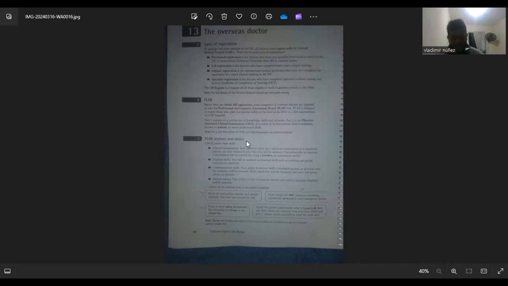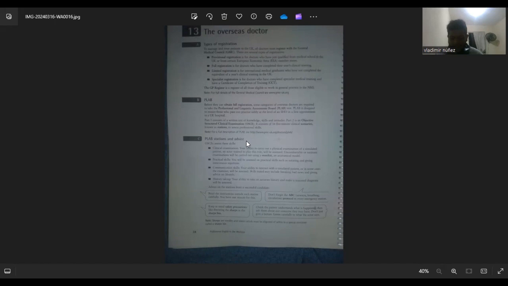Keep in mind safety precautions like throwing the sharps in the sharps bin.